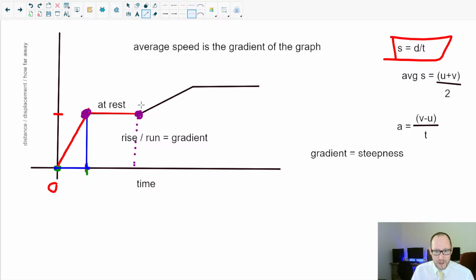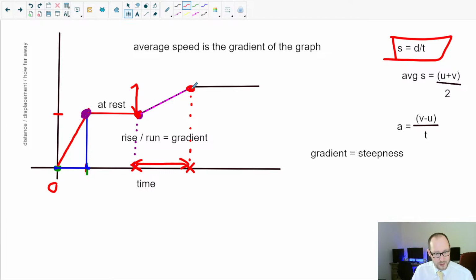Once again though, we head off at this time and we seem to climb this little section here. And we again can calculate how fast we're going using this speed distance time equation, because I know how long it takes me to get from this point to this point. I need to be a little bit careful because it's not just whatever I say here, it's actually the difference between these two numbers. From here to here is my time, and then how far I travel is the difference between where I start and where I end up.